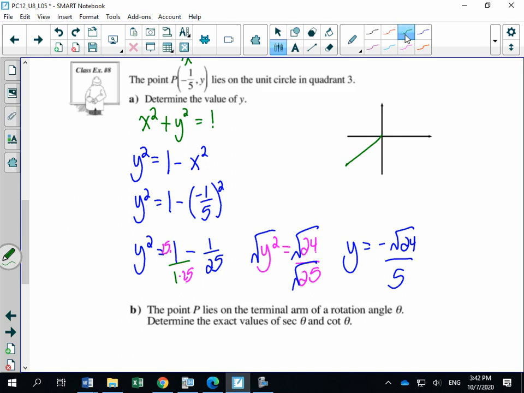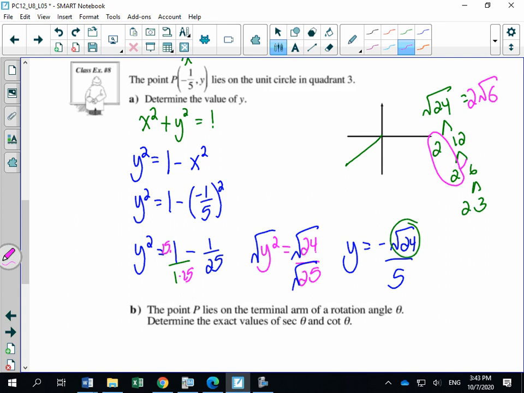Now what we have to do is rewrite that as a mixed radical. The square root of 24 as a mixed radical would be 2 root 6. So I'm just going to erase this, and my y coordinate is going to be negative 2 root 6 over 5.